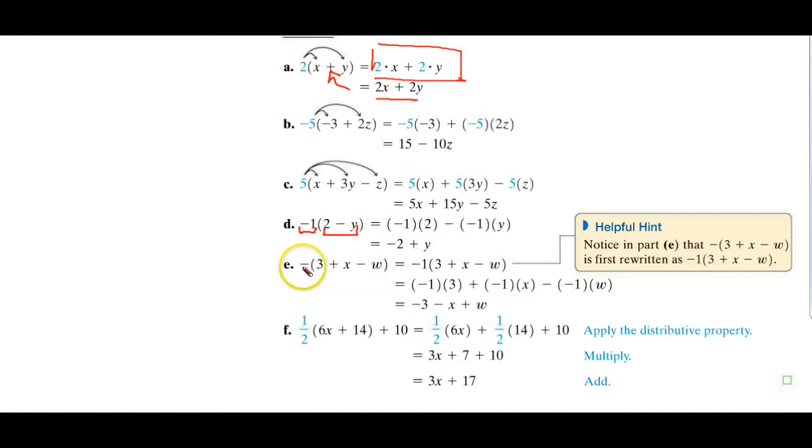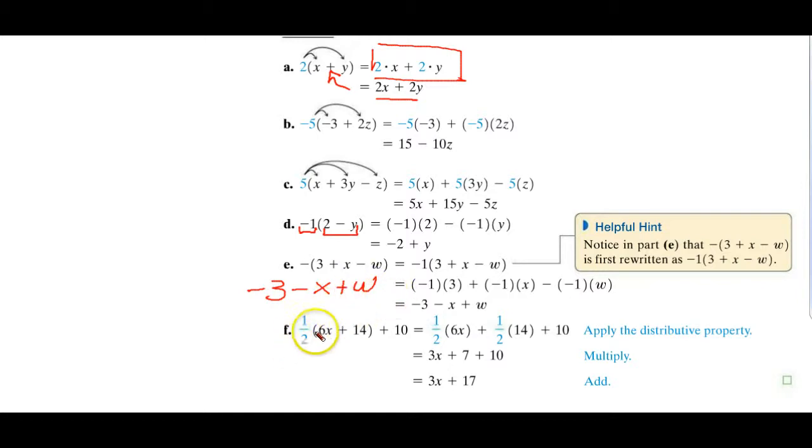Now, if there's a negative in front of a parenthesis, we can put a negative 1 there, and then again, it just changes all the signs. So a shortcut here is just when there's a negative and then a parenthesis, remove the parenthesis and just change the signs. Negative 3, negative x, positive w.